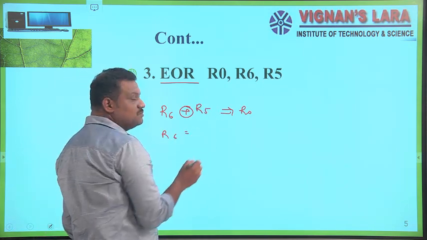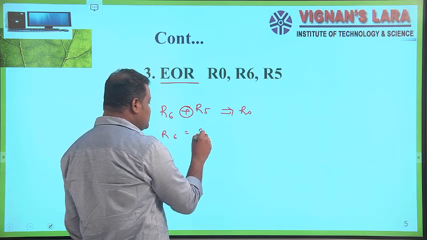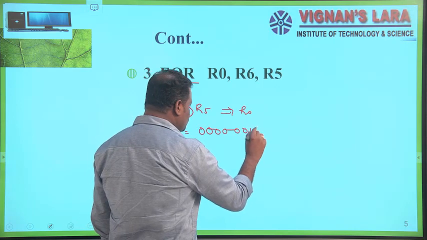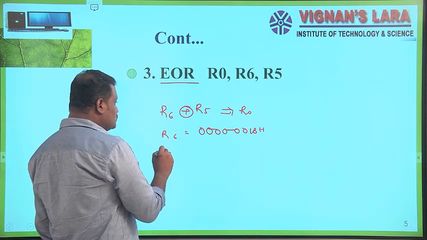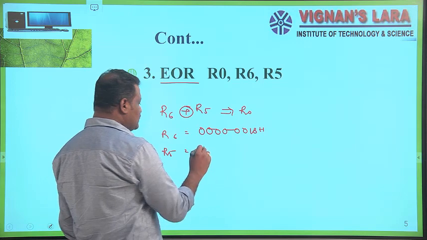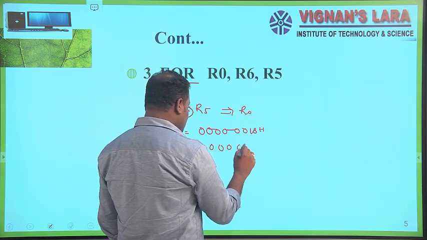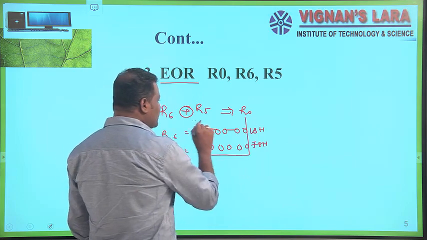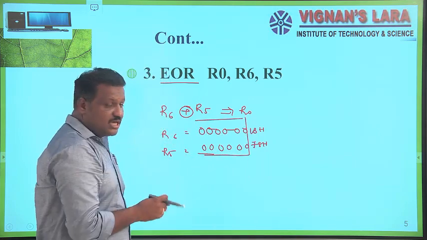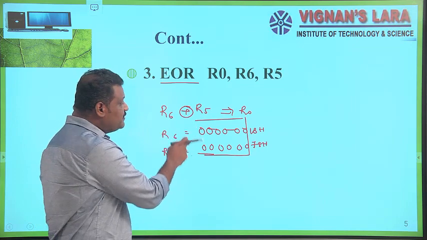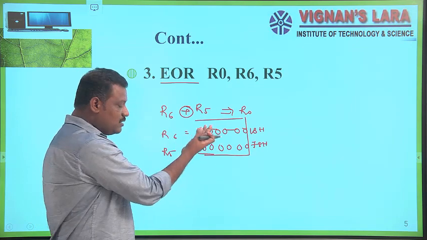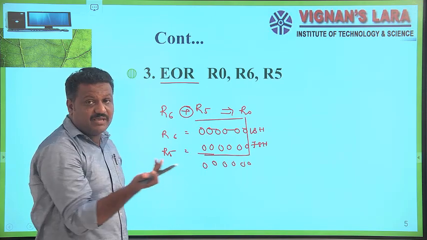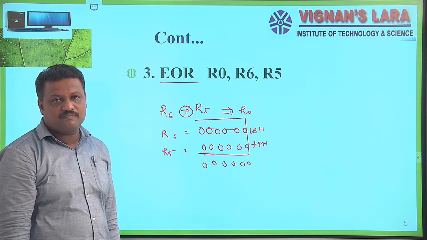Here again I assume the content of R6 is like this: six zeros, then 13H. Coming to the R5 value, it is six zeros, then 78H. I am not bothered about the six leading digits because they are 0. If I do a logical exclusive OR between these six digits, obviously my result is 0, because the inputs are the same, so the output is 0.